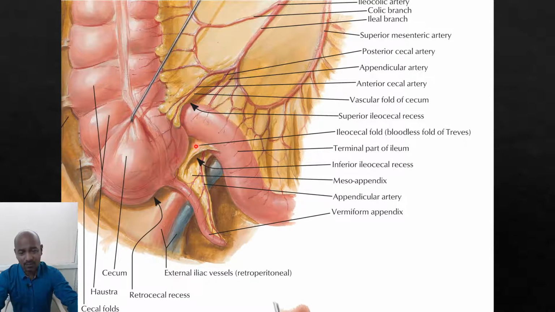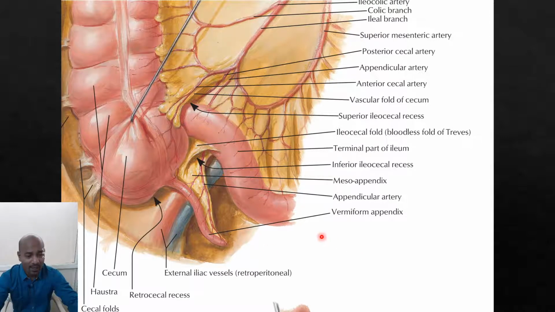If you dissect in this, you are unlikely to damage any blood vessels, and you can tie off the appendicular vessels without much bleeding while performing an appendectomy.